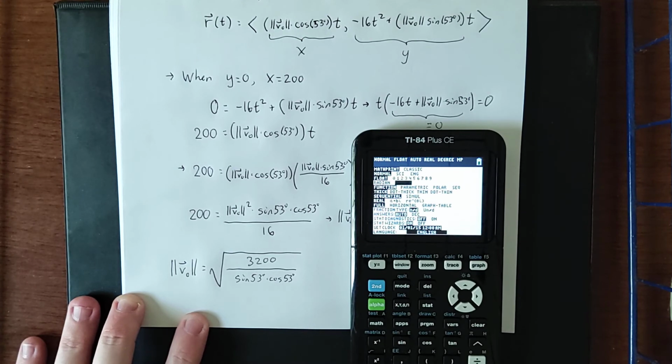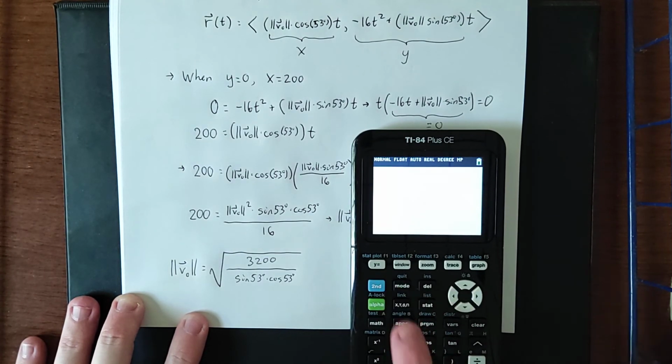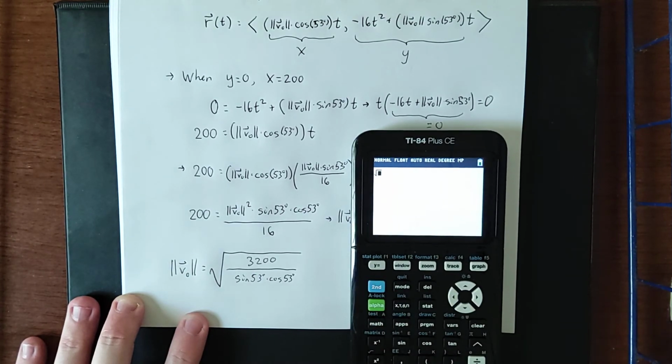Once we verify that, we can find this expression. So square root of 3,200 divided by, your denominator has multiple factors in it, so be sure to include an extra set of parentheses for said denominator.